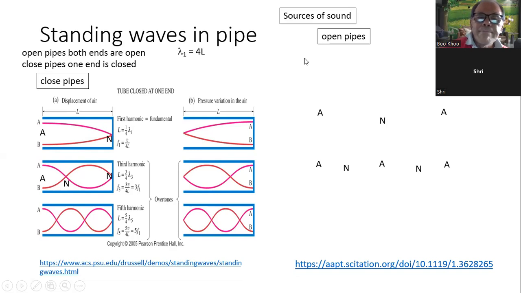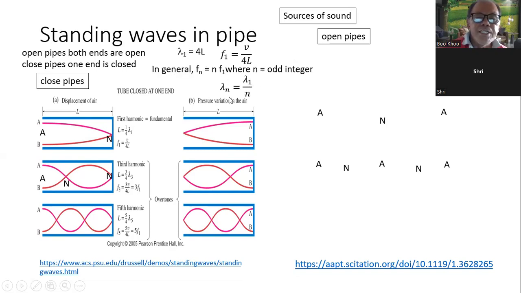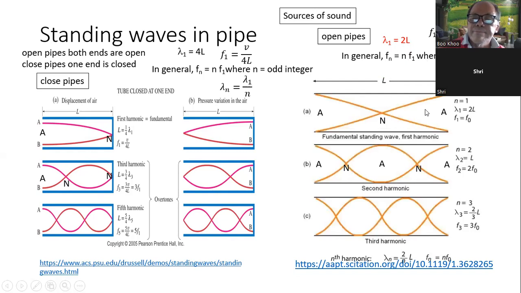Same for the open pipe. In this case, the fundamental wavelength, fundamental frequency, remember that general equation, f n, lambda n. For your open pipe, that's the fundamental wavelength, fundamental frequency, general equation.